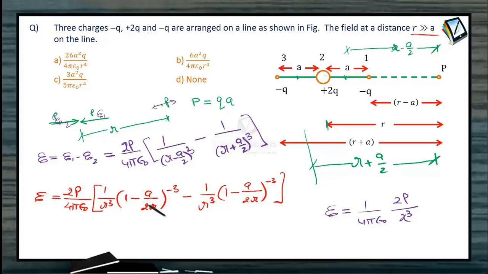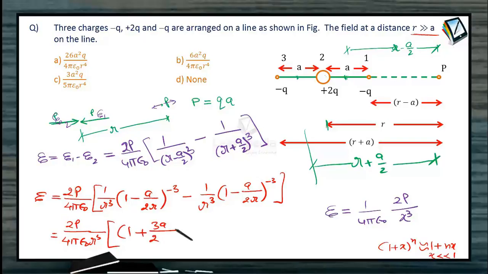As we know, according to the binomial approximation, 1 plus x raised to the power n is approximately 1 plus nx if x is very small in comparison to 1. So we can use that here. So E is equal to 2p divided by 4 pi epsilon naught r cube, with r cube taken outside, and here it will be 1 plus 3a divided by 2r.